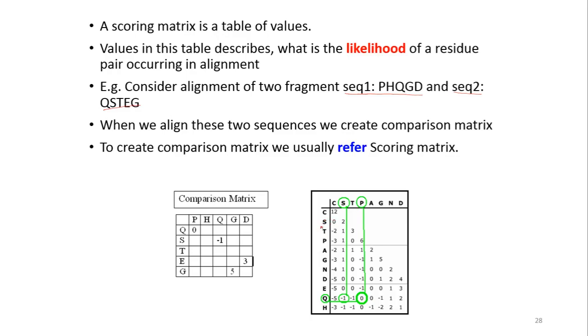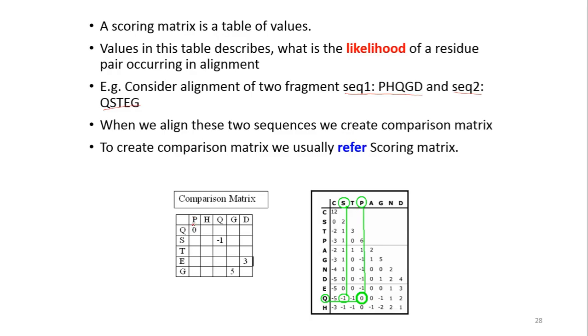Now, when you create a comparison matrix and want to populate it with values, these values are supposed to be inferred from the scoring matrix. So this table is to be referred to in order to prepare your comparison matrix while aligning the two sequences using the dynamic programming approach. Okay, so how do we do that?